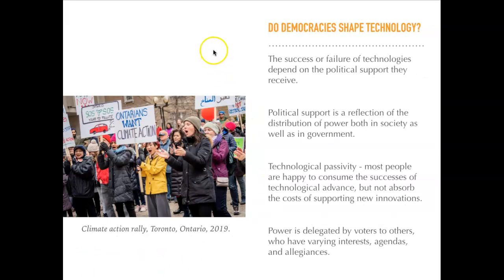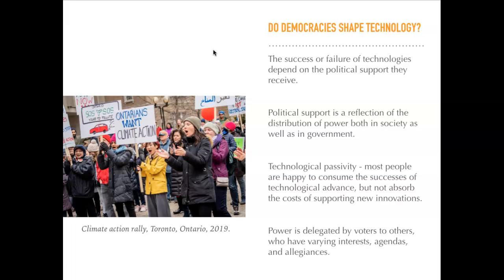The next section that I briefly want to talk about is looking at how democracies shape technology. So governments are the sort of national, in-home way of ruling and governing a population. But democracies are bigger.